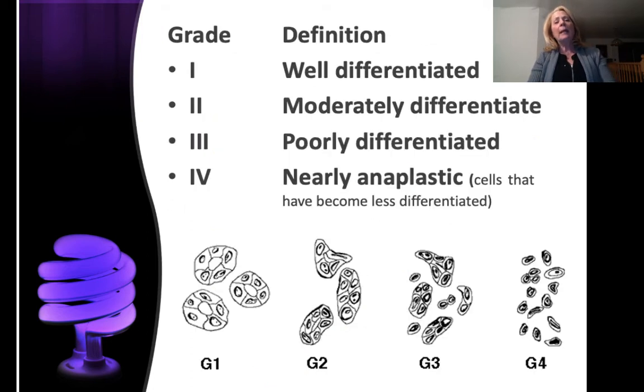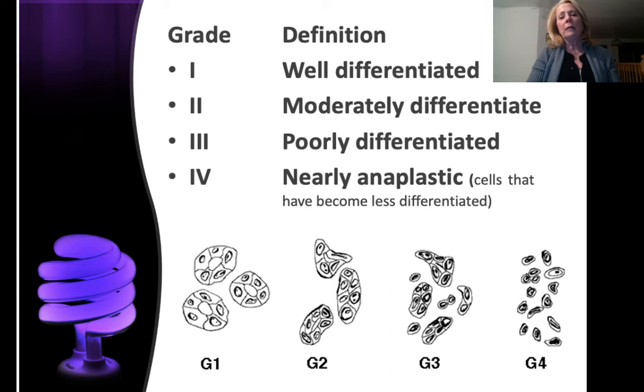However, grading is going to be 1, 2, 3, and 4. Normal cells are well-differentiated cells, so they have a grade 1. But as these cells start to change, they don't quite look like themselves. They're not really doing the job they're supposed to be doing, but they're not typically cancerous cells.